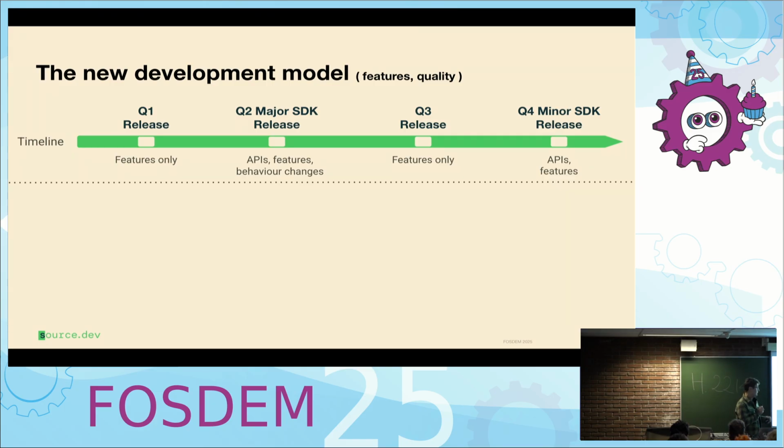So that gives folks 1 more quarter to work on that. Q2 has API changes, so new features developers could use. Q2 also has behavior changes, so changes in the API surface that developers would use. And also, not mentioned here, but Q1 or Q2 have the HAL changes.